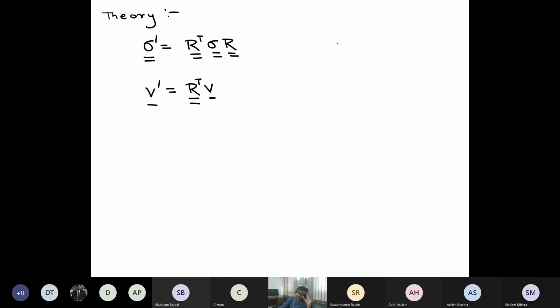Now in lecture 1 or lecture 2, I don't remember, we talked about how, if V is there, we can write it as the summation over i from 1 to 3 of vi ei. And if I write it in some other coordinate axis, that will be the summation over j from 1 to 3 of vj hat ej hat, right?